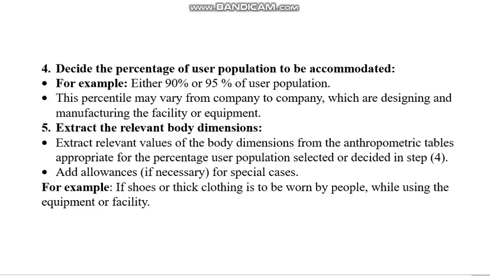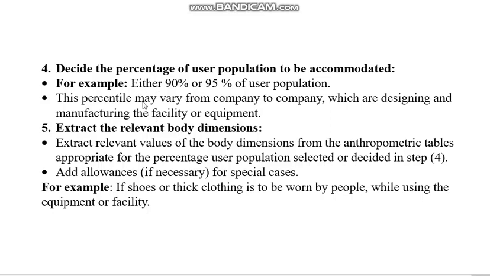That means 99,000 people are below you, and 1000 people are above you. But suppose there are only 500 seats, then you will not get it. Then you need 99.5 percentile. Anyway, this percentile may vary from company to company which are designing and manufacturing the facilities.